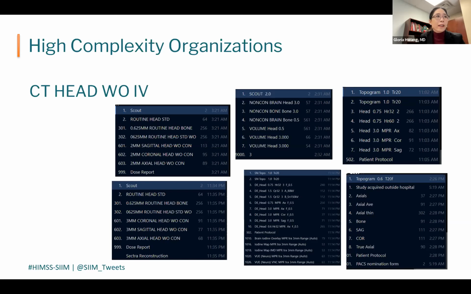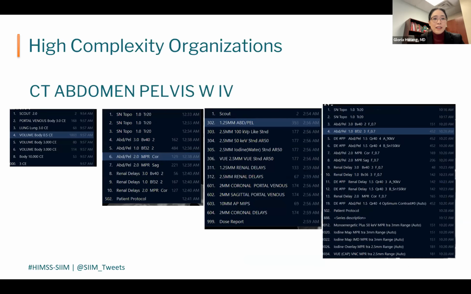We also found, for something else I thought should be fairly straightforward, CT abdomen pelvis, that we had very, very many different ways that we would acquire something as basic as a CT abdomen pelvis with IV contrast. I don't think we're unique in this, but maybe we are at one extreme of how many different ways we acquire the same thing for even just one procedure code.